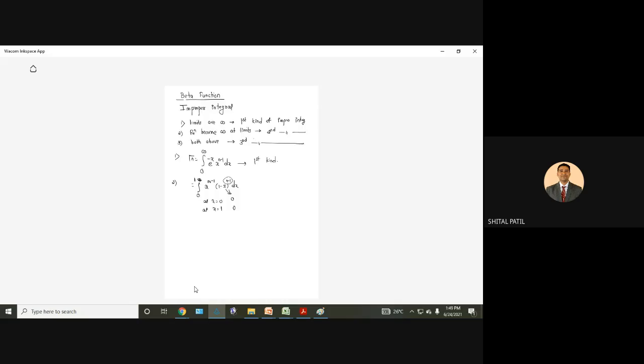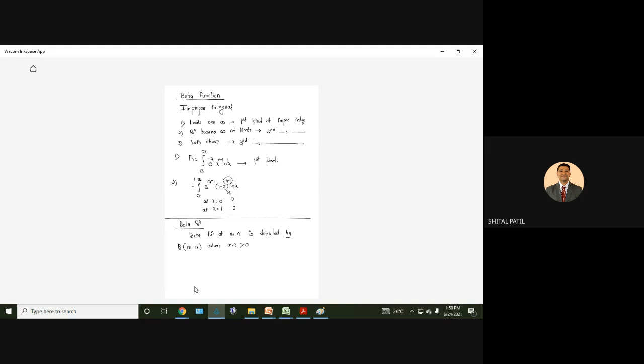Now write down beta function, the formal definition. Write with me. Beta function of m comma n is denoted by B in bracket m comma n, where m and n should be greater than 0.